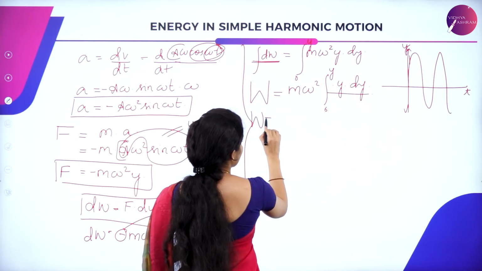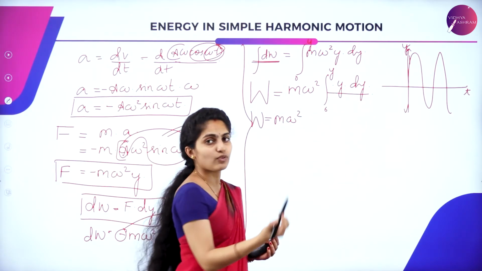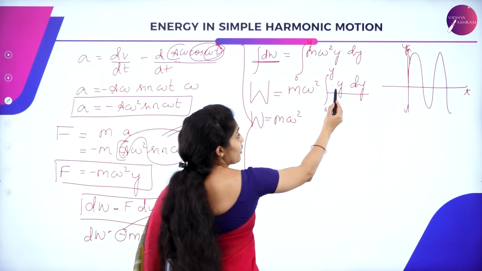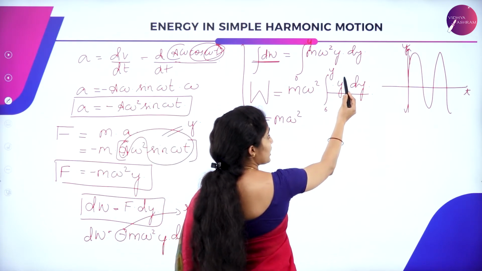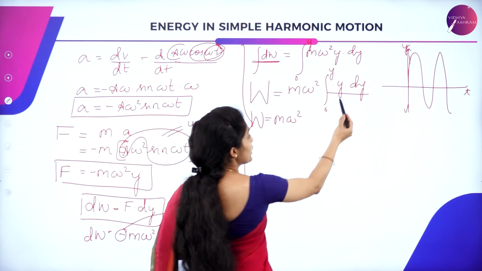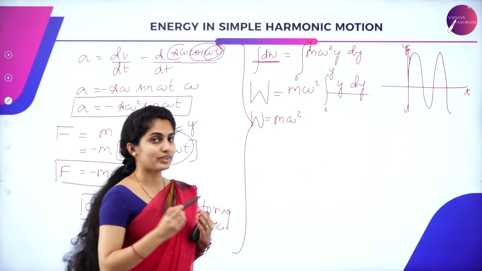So W is equal to m omega square times the integral of y dy. That is the x into dx formula, or y into dy formula. I told you, it is always x to the power of something, and you have to add 1 to that power. So here we have y to the power of 1, which is not written over there.